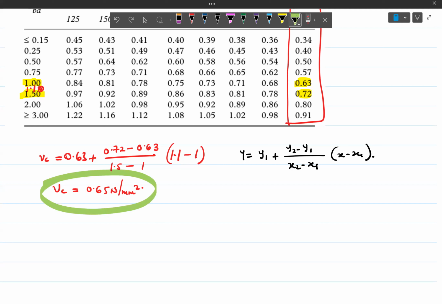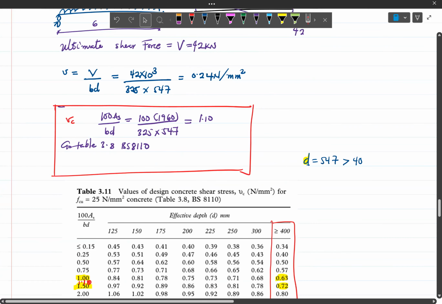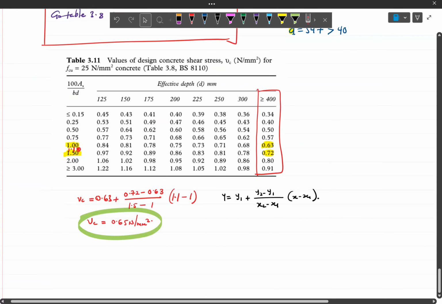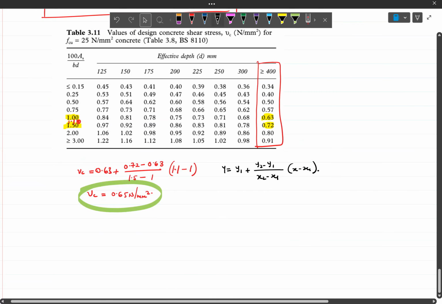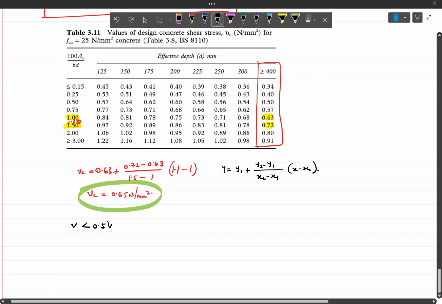And this is very important to us because that's how we're able to determine whether we need nominal reinforcement or otherwise. Okay. So now we compare V and VC. All right. So here I have my V. My V is 0.24 newtons. My VC is 0.65 newtons. So we see that our V is less than 0.5 VC.